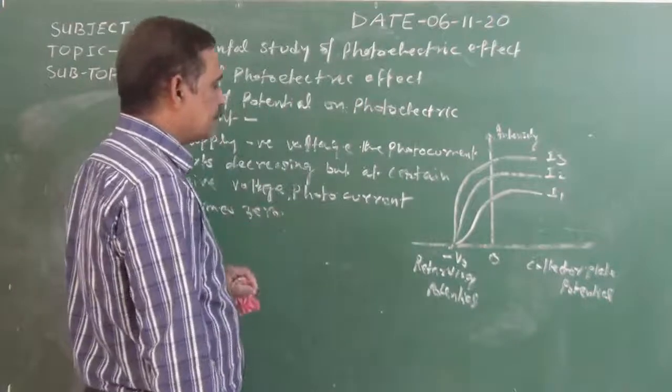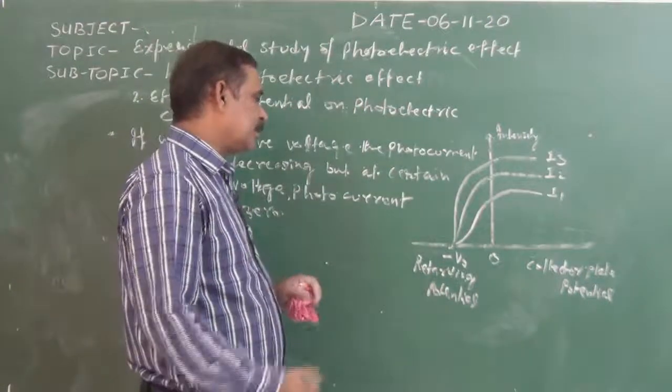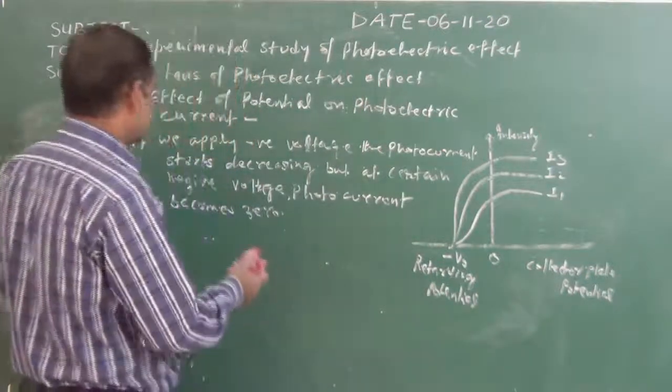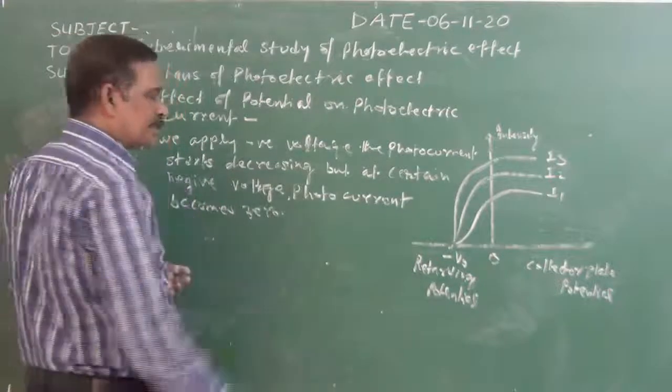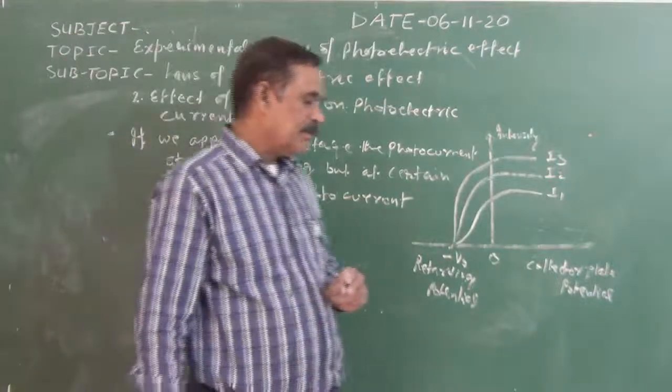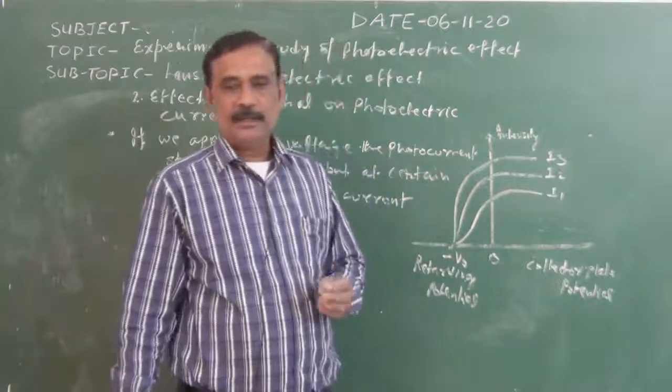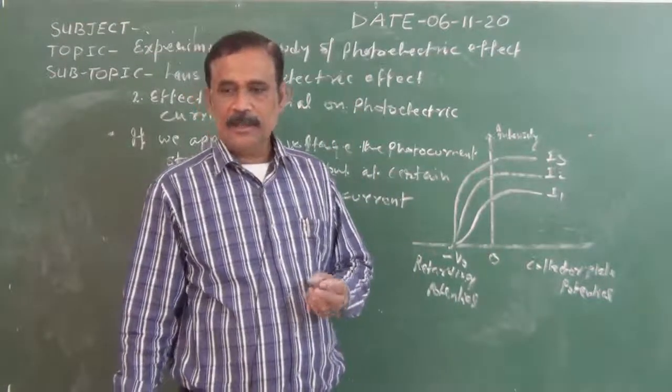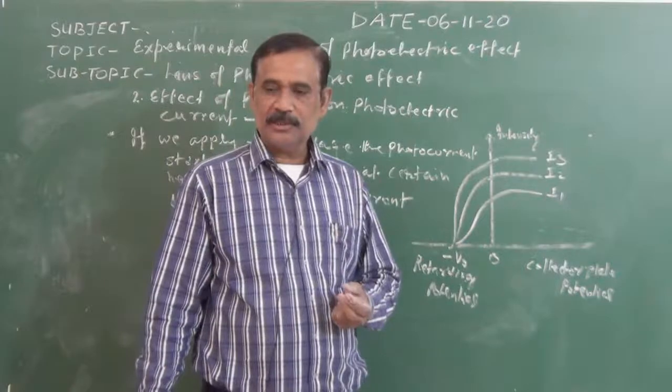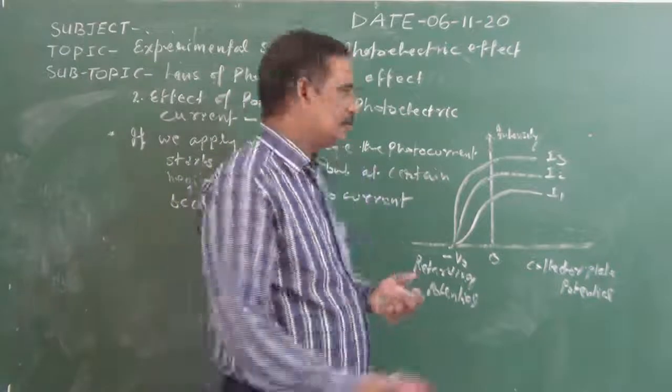This negative voltage is known as the stopping potential. What is the stopping potential? The minimum negative potential given to the collector plate when photocurrent becomes zero is called the stopping potential.